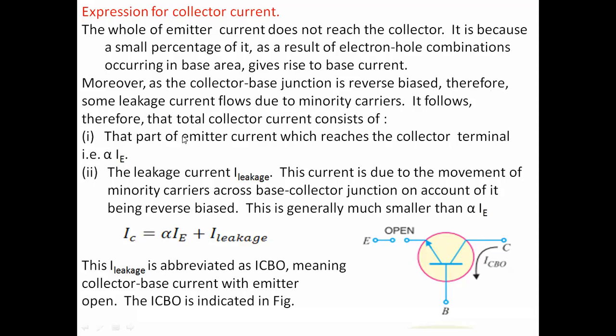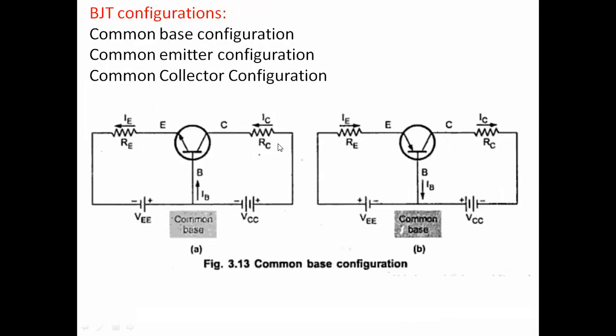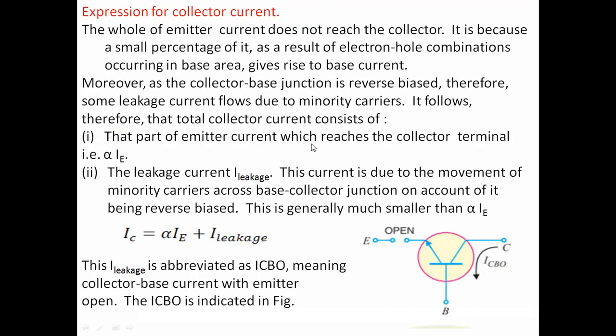So this IC current is a combination of the emitter current which is coming towards the collector and the leakage current. The collector current consists of the part of the emitter current which reaches the collector terminal, that is alpha into IE, and the leakage current. This current is due to the movement of minority carriers across the base collector junction on account of the reverse bias.